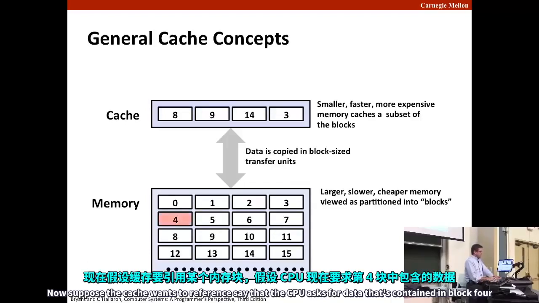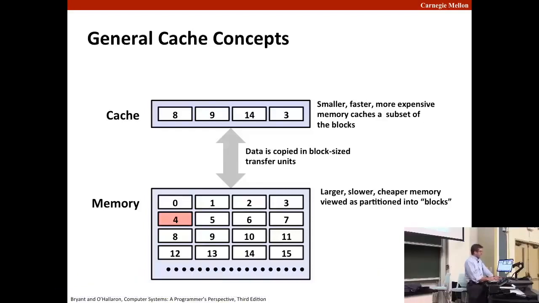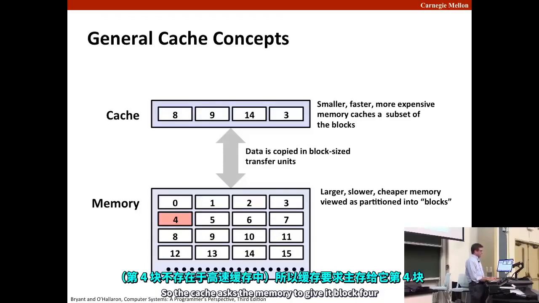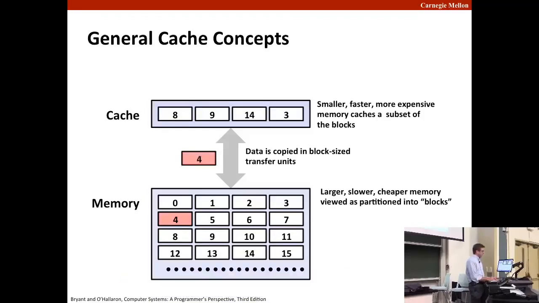Now, suppose the CPU asks for data that's contained in block 4. So the cache looks to see if the data is in the cache. It's not. So the cache asks the memory to give it block 4.